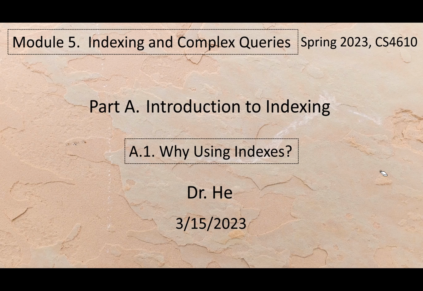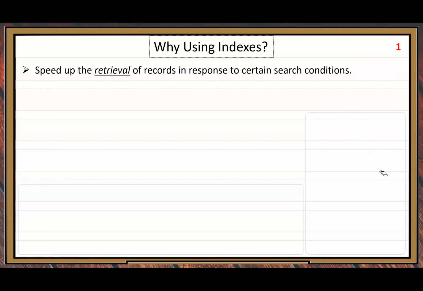Section 1, why using indices? To speed up the retrieval of records in response to certain search conditions. Think about when we have a large database. We have many tables, and some of the tables could have a very large number of rows.